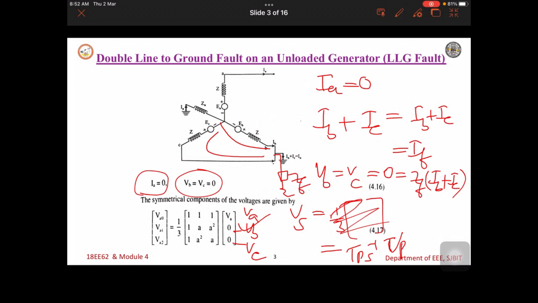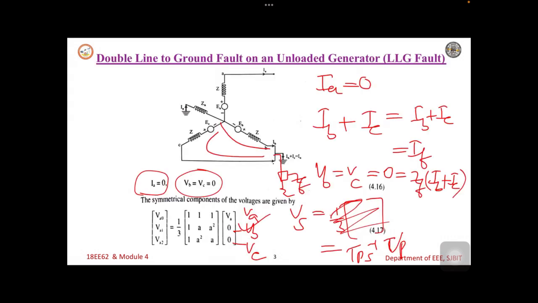So next I will consider the voltages. If you expand this matrix, Va0 is equal to 1/3 of Va, and Va1 and Va2 are also equal to Va by 3.